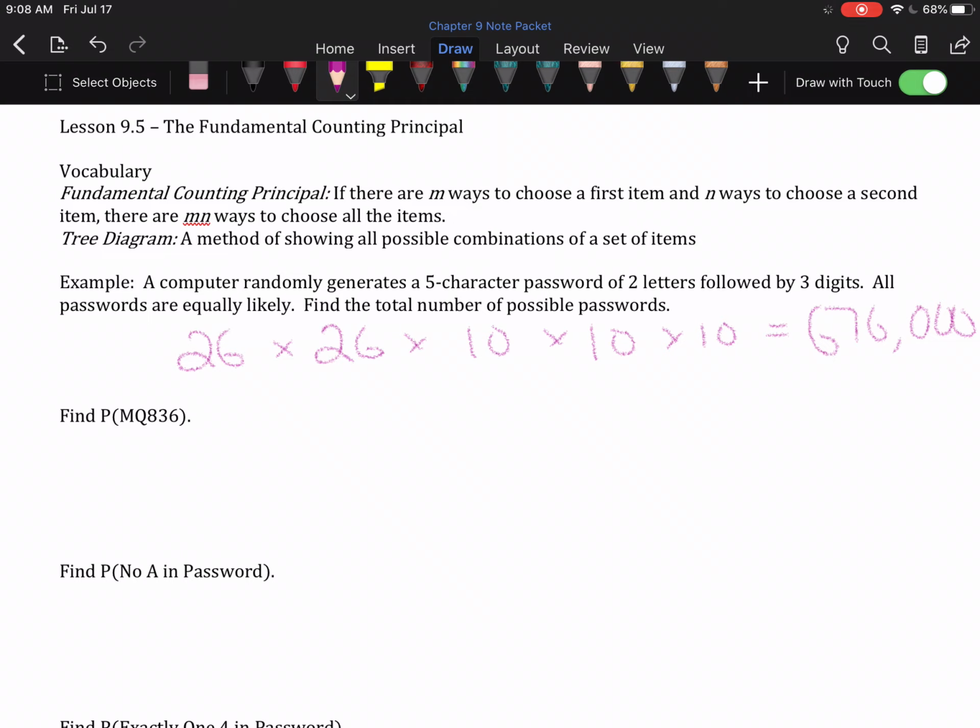Now that we know that, we're going to be asked to do some probability work. We're asked to find the probability of being assigned the password MQ836. Well, that is one unique password.